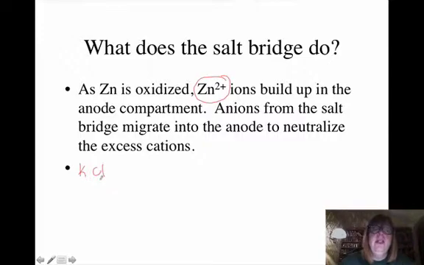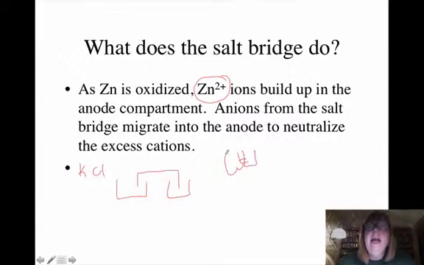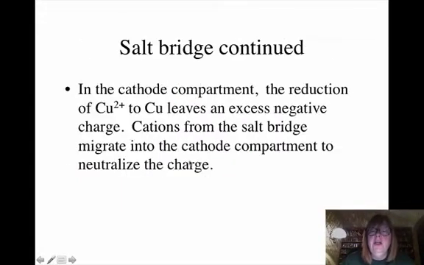Sometimes the salt bridge isn't like a piece of filter paper and it's not connecting the cells like we had here. Sometimes it's a porous barrier, and you'll just have two things that are stuck together with this porous barrier. But you need to have a way for ions to migrate so that they can neutralize the excess charges.